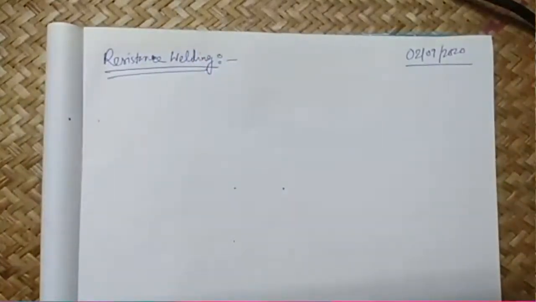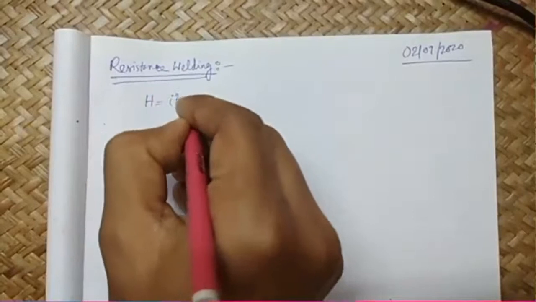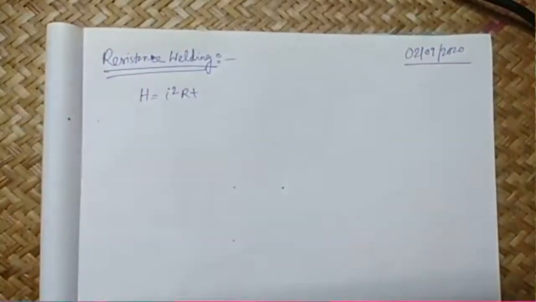The basic working principle of resistance welding depends upon the formula H = I²RT, where H is heat generated, I is the current flow, R is the resistance of the circuit, and T is the time period.